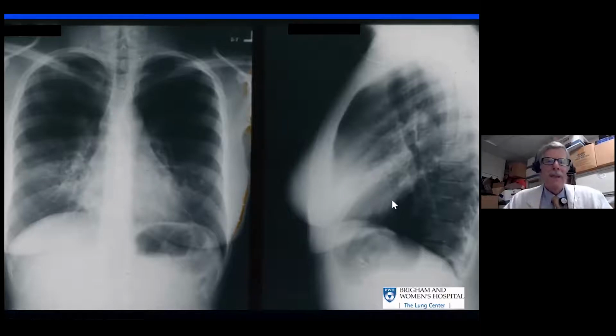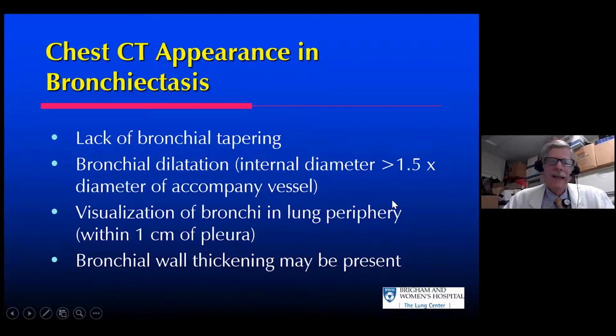But the definitive diagnosis, as you know, is CAT scan. And CAT scan is both sensitive and specific for the diagnosis of bronchiectasis. And here are the features that we'll look for. The bronchi that don't taper, that remain dilated even as you go towards the periphery.